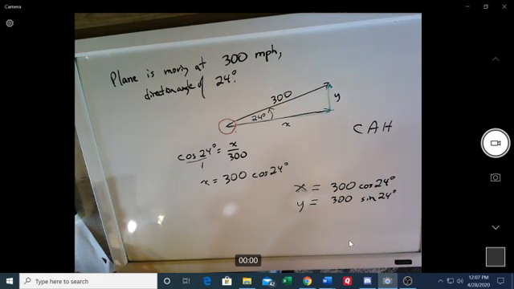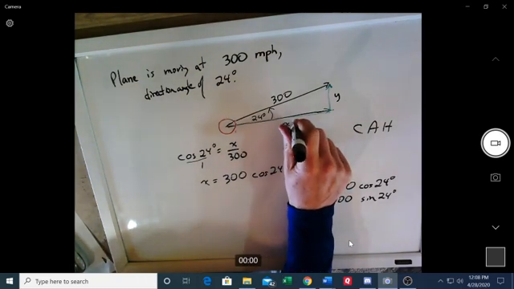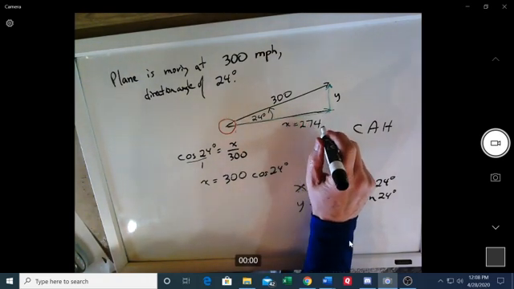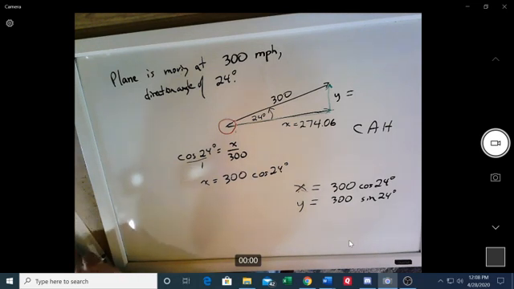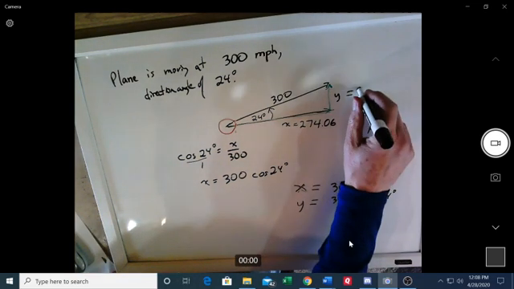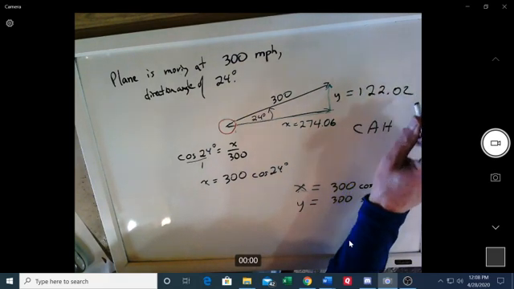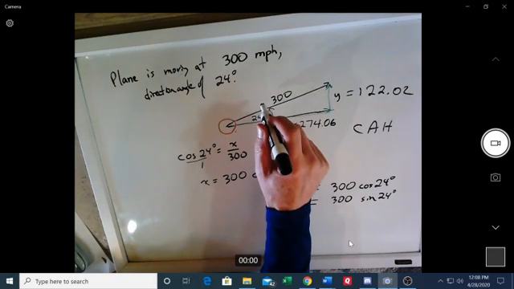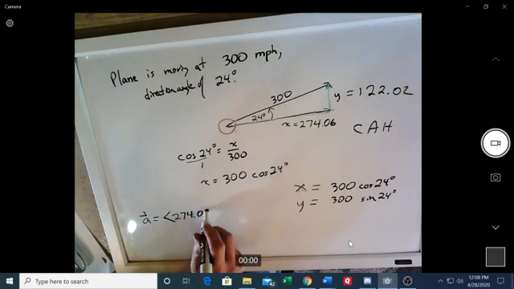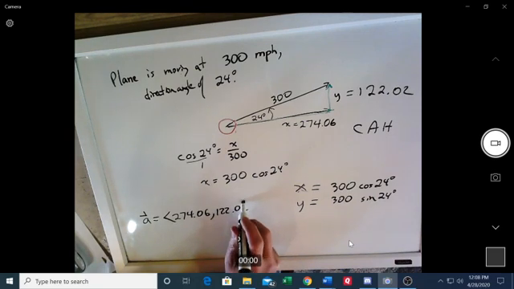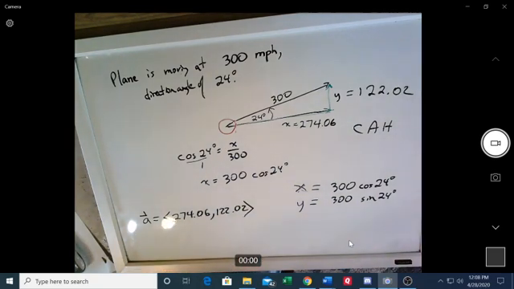I want to be in degree mode. 300 cosine 24 is 274.06, and the y is 300 sine 24, 122.02, and then my vector A, in this case, would be written as 274.06, 122.02, given the horizontal and the vertical components.